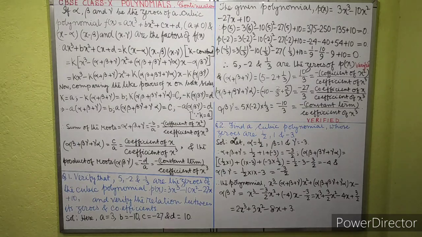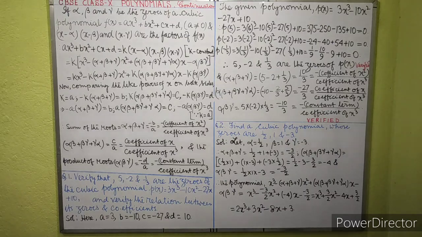And alpha beta plus beta gamma plus gamma alpha equal to minus 27 by 3. This is c by a, where c equal to minus 27 and a equal to 3. And the product of the roots, alpha beta gamma, equal to minus 10 by 3, that is minus constant term, that is minus 10, by coefficient of x cube, that is 3.